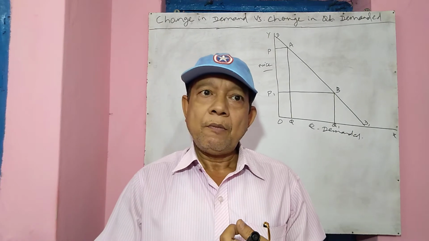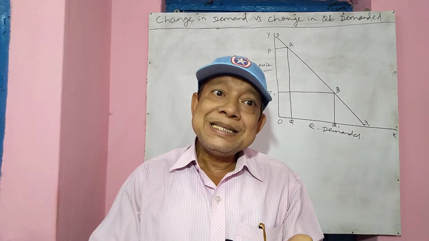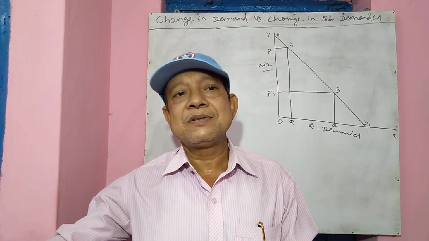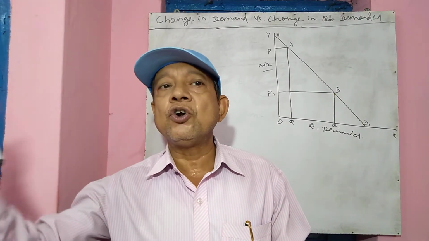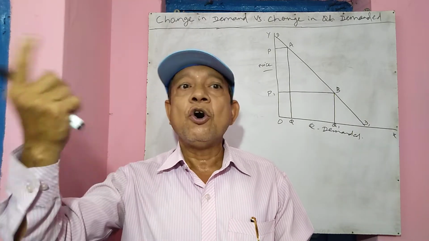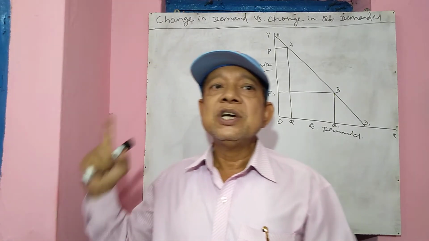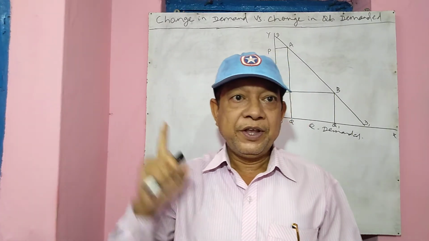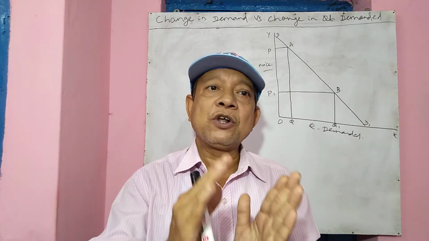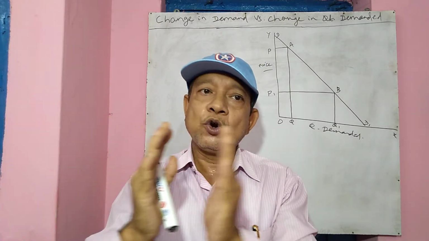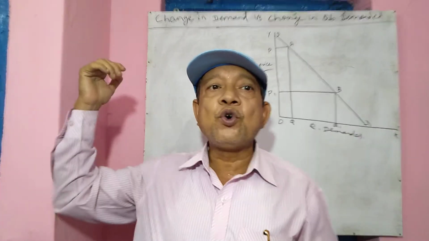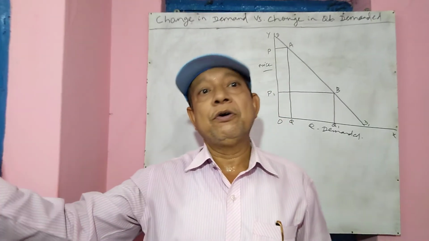Therefore, price remaining constant, if demand changes, that is if demand expands or contracts, we call this change in demand. Here, if demand expands, the demand curve shifts to the right. If demand contracts, the demand curve shifts to the left. So we call this a shift in the demand curve.